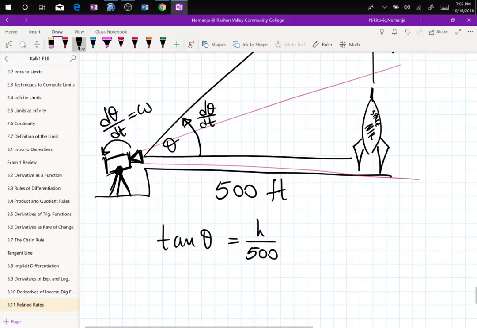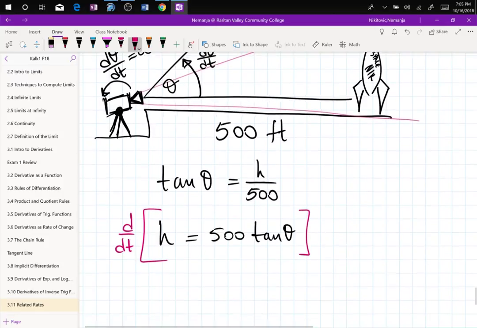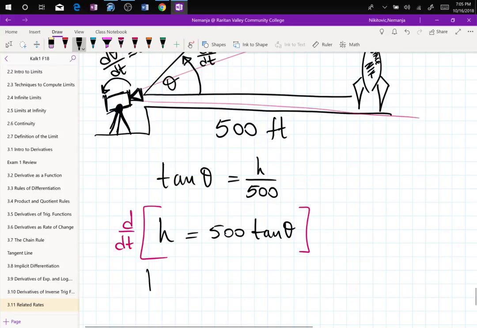From where I have that the height is equal to 500 tangent theta. I will take the time derivative here to get the related rates. So dh dt is equal to 500 secant squared theta d theta dt.